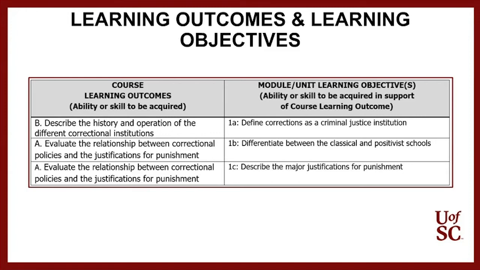For outcome A, you have 2 module level learning objectives, and for outcome B, you have 1. The module level objectives are broken down further to determine what you want the students to know and understand, and it is measurable based upon what you provide the student as well as course content.